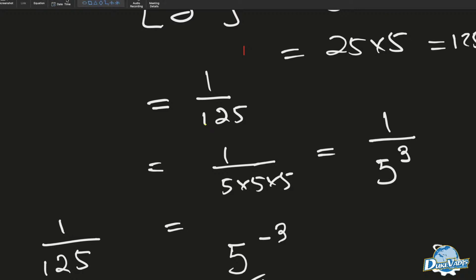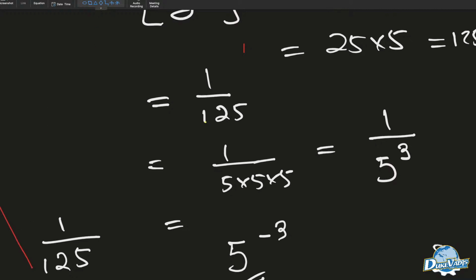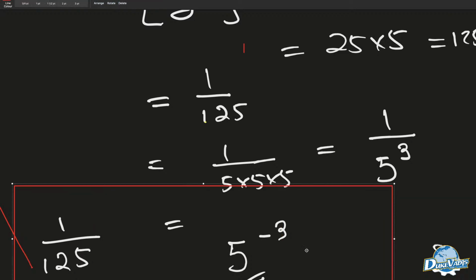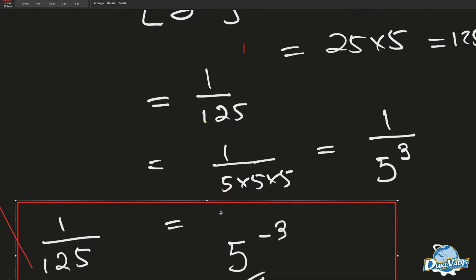Friends, look at it. That is how it is. If you look at it, this is the same as that. So anytime you see reciprocal, it's nothing other than what I explained earlier.